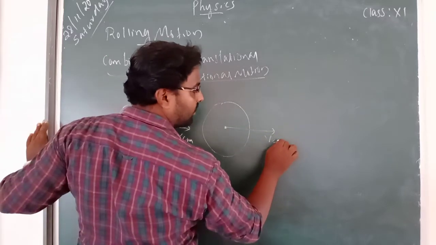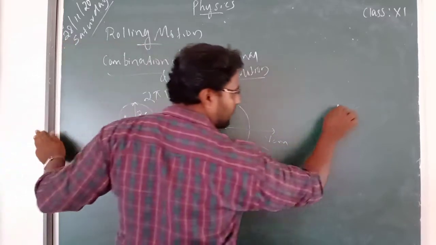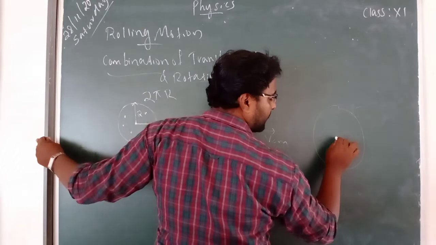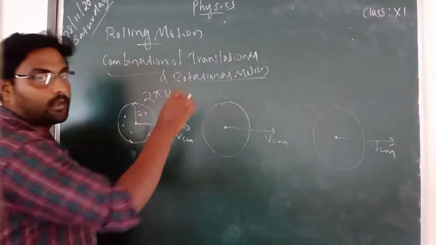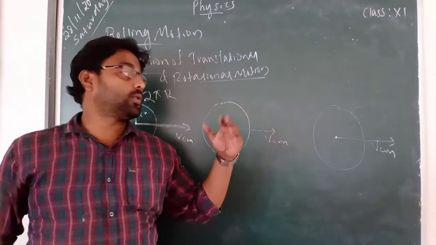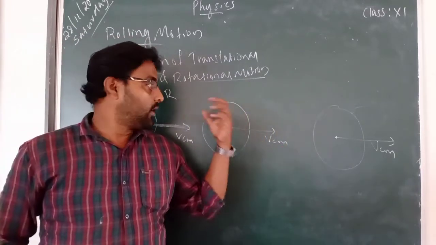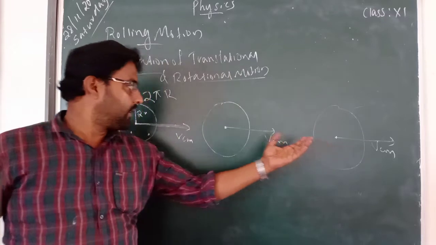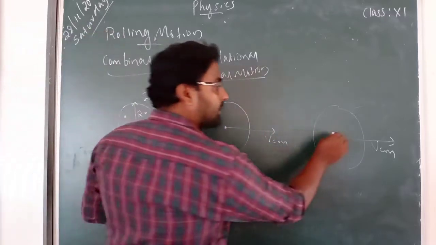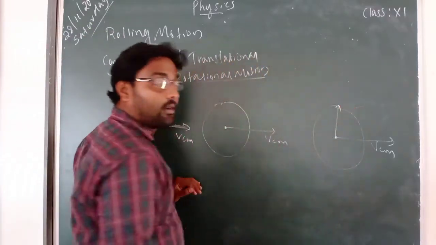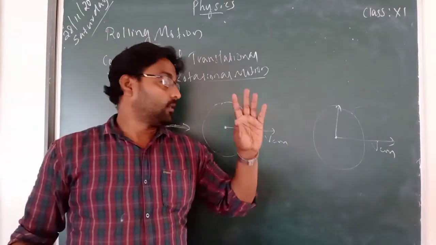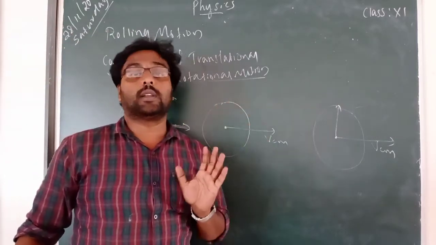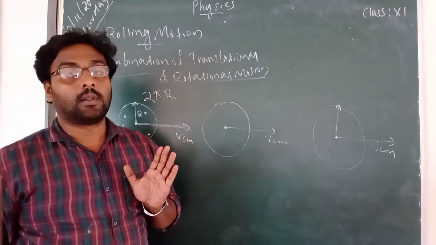Still, this center of mass moves in a straight line path. Here in this figure we are just showing the full rotation. So during this full rotation, the center of mass is moving in a straight line. It shows that the center of mass always moves in a straight line path.